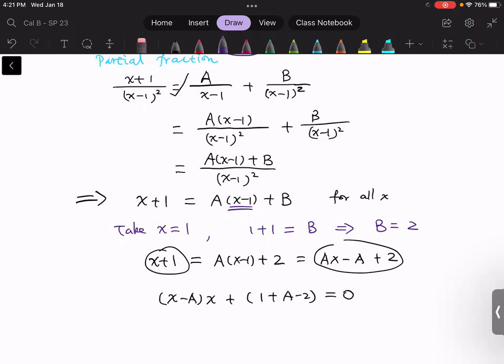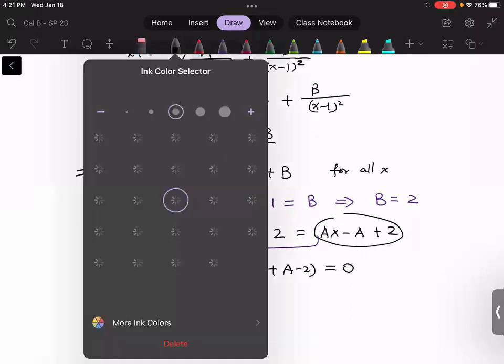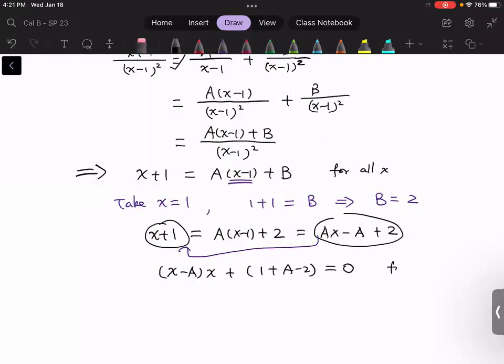Roughly speaking, we move the right-hand side to the left-hand side. Then we have an equation that holds true for all x. Sorry about that, I had a typo here. It should be (1 minus a) times x.